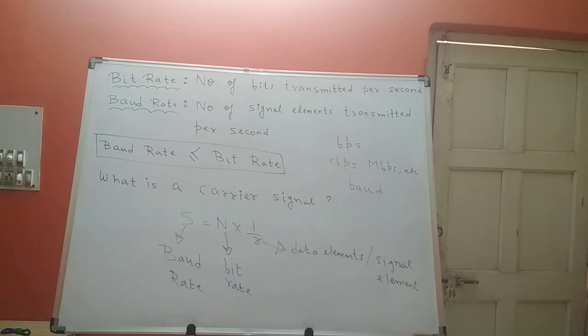The receiving device is tuned to the frequency of the carrier signal that it expects from the sender. Digital information then changes the carrier signal by modifying one or more of its characteristics, which include amplitude, frequency, or phase. This kind of modification is called modulation.